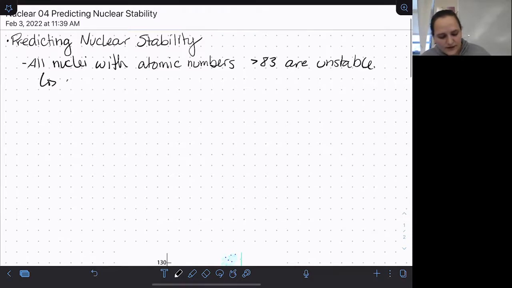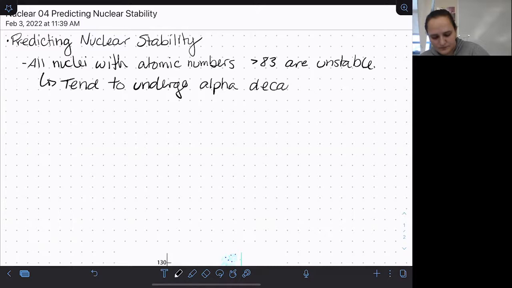And these tend to be alpha emitters. Let's say they tend to undergo alpha decay. So that is pretty straightforward. If your atomic number is greater than 83, it is almost certainly going to be unstable, and it's probably going to go through alpha decay.